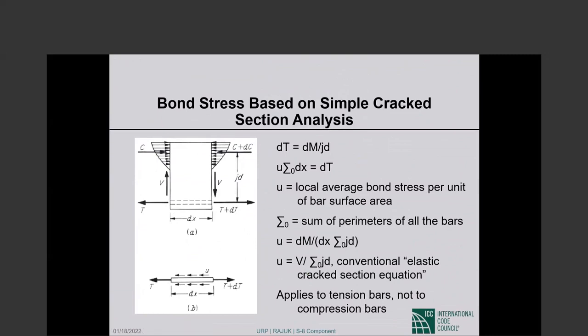So dT, the incremental tension in the reinforcement, is the incremental moment between the two sections, the left and the right, divided by the lever arm. Tension is equal to moment divided by lever arm. So this is an understandable relationship.